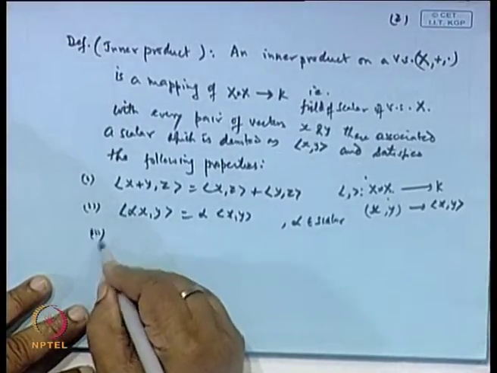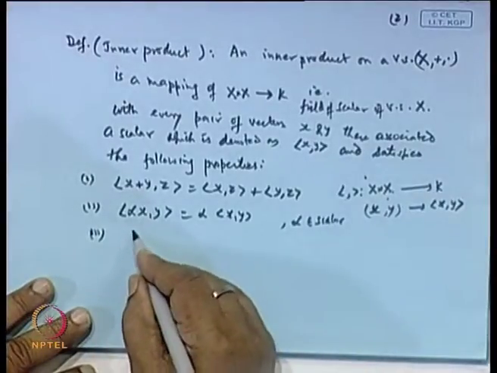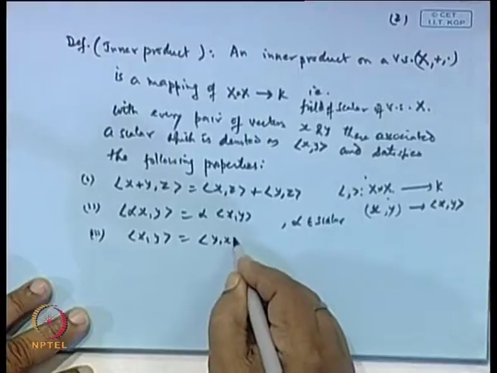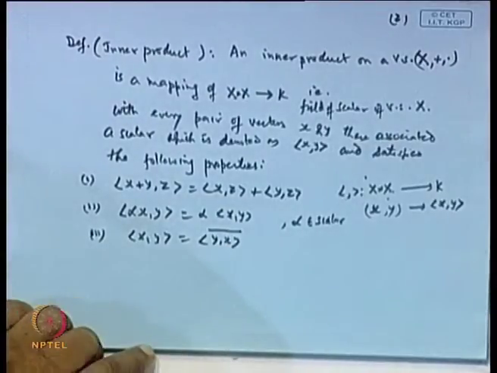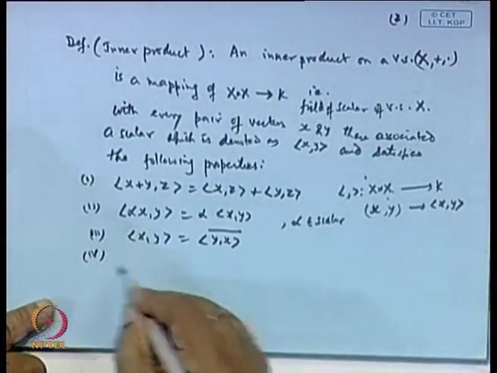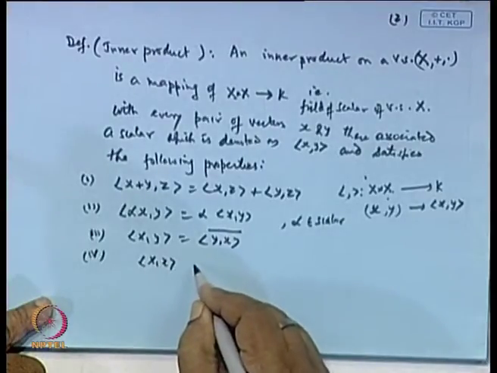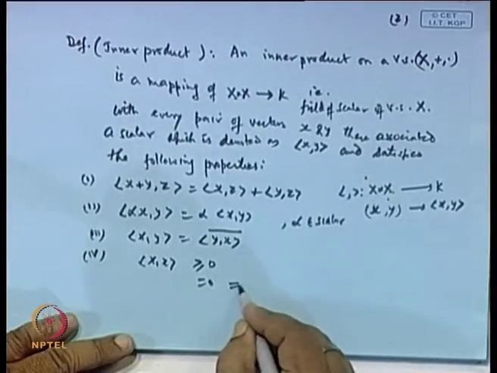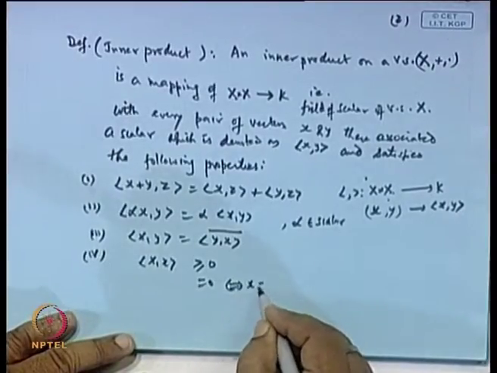And third, inner product of (x, y) is the same as inner product of (y, x), conjugate of this. Fourth property, inner product of (x, x) is greater than or equal to 0, and it is 0 if and only if x equals 0.